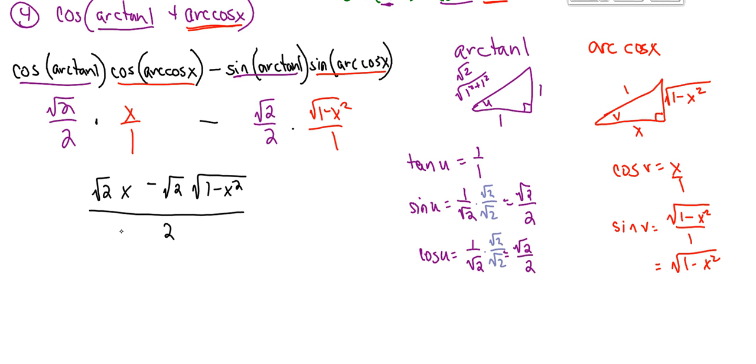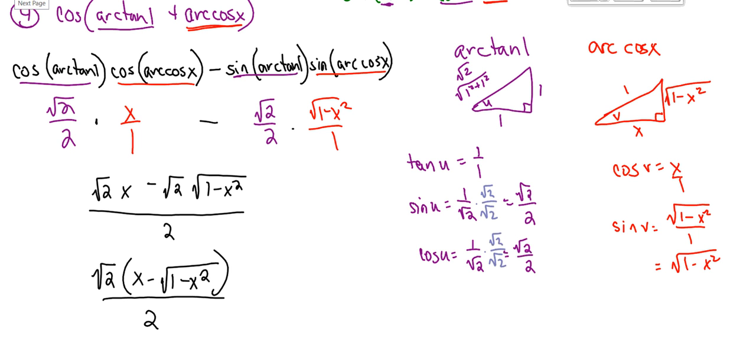I do have that common factor: the square root of 2 times x minus the square root of 1 minus x squared, all over 2. So I might write it like that. That is writing it as an algebraic expression because we had the x in there. Not everything was just a constant numerical value.